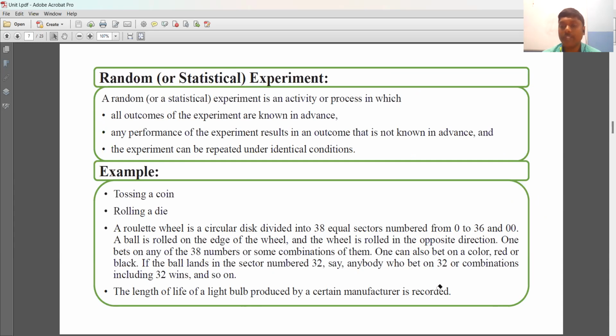Probability is a measure actually. To define probability, we need to know some basic definitions, like what an experiment is, because probability is related to some experiment. We have to know what a random experiment is, then we will talk about what the sample space is, and then we can define probability.